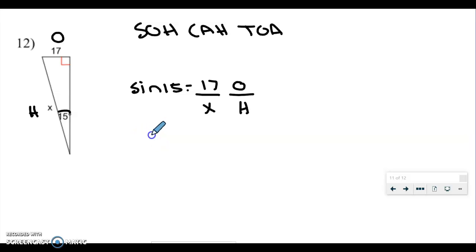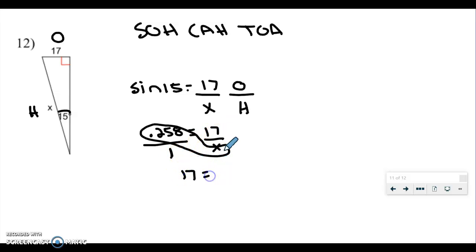We're going to say 0.258 is going to equal 17 over x. We're going to put 0.258 over 1, and then we're going to cross multiply. 1 times 17 is just 17. X times 0.258 is 0.258x. And then what we're going to do to solve for x is we're just going to divide both sides by 0.258.